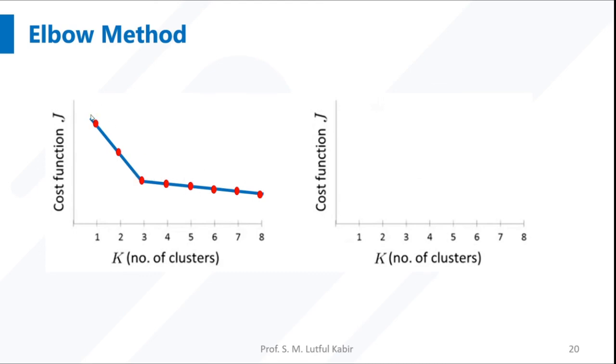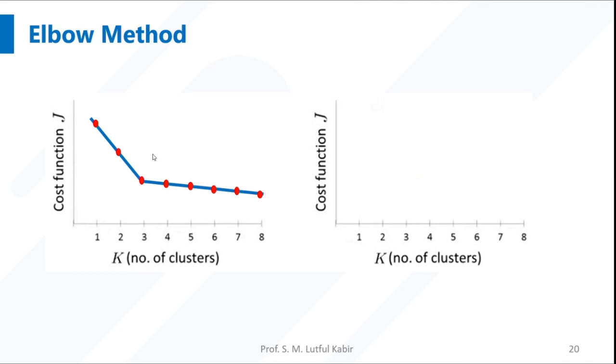And you may see the first few k values gave cost values which are decreasing at a steeper rate, and then the change in cost value is slow. If you compare this with our hand, say this is our shoulder, and this is our elbow, and this is our forearm.